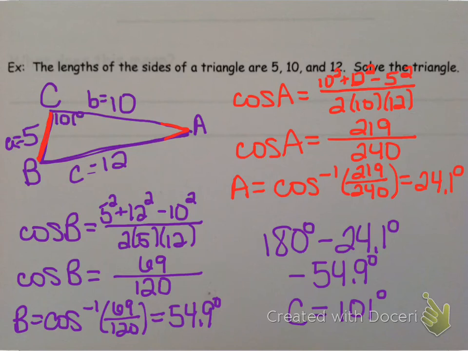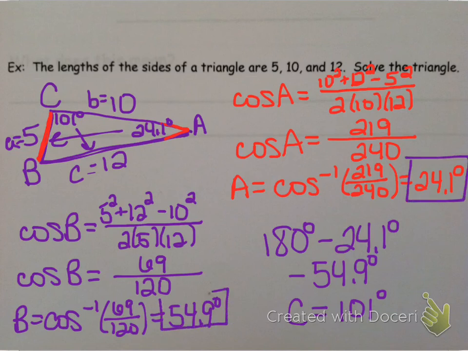Angle C is definitely the biggest angle, and it's across from the longest side. Angle A is the smallest angle, and it's across from the smallest side. So the geometry of the situation makes sense. And my triangle is now solved.